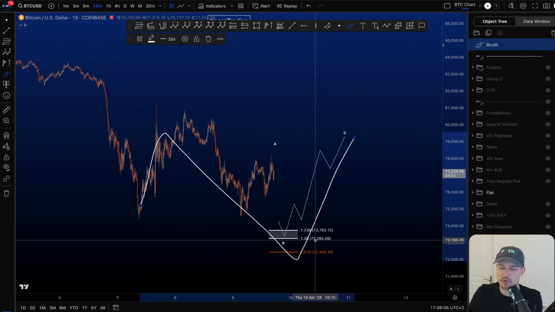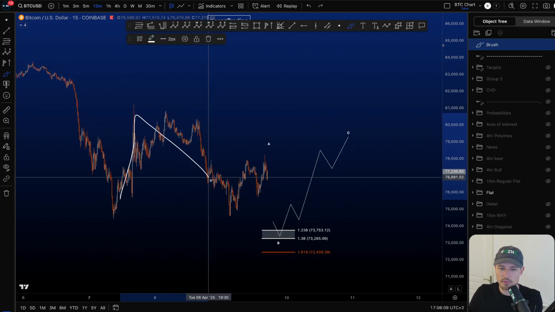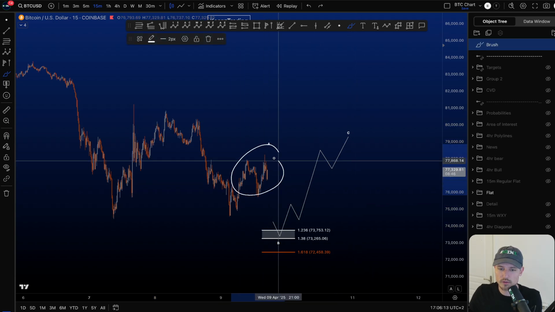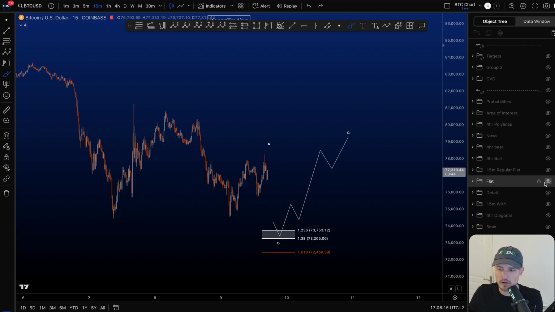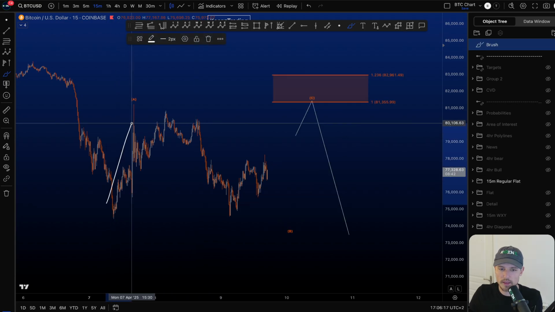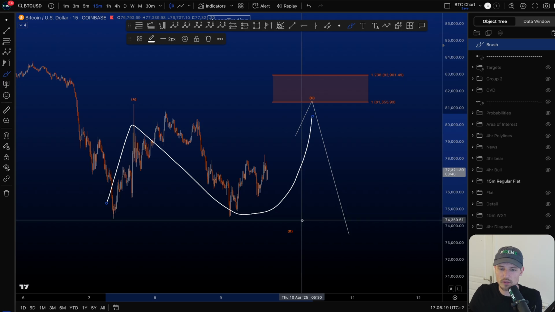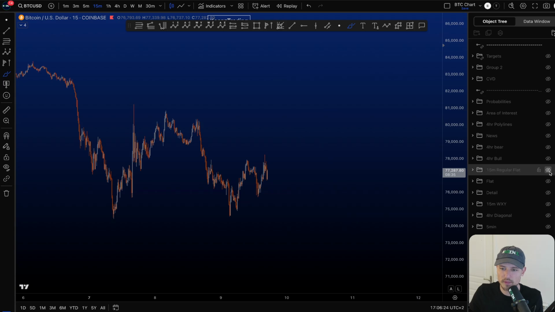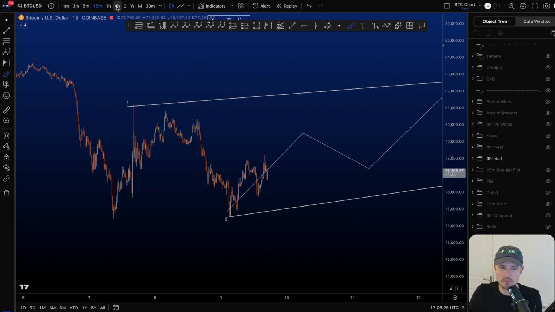Alternative WXY, but low probabilities. So WX, A, B, C, and Y, okay? Triangle doesn't work anymore here. Or a flat, A, B, and then a wave C towards the upside. Either B finished here or B takes out the low, right? Whatever. Then we have the 4-hour time frame.